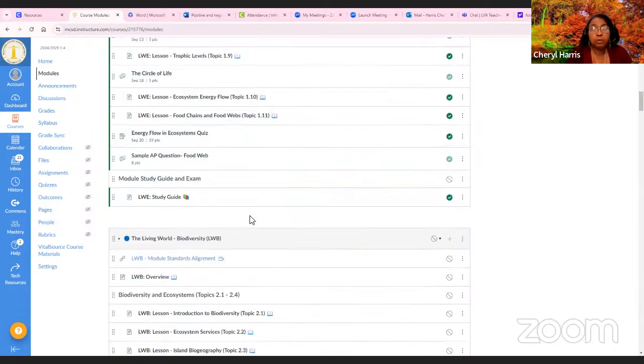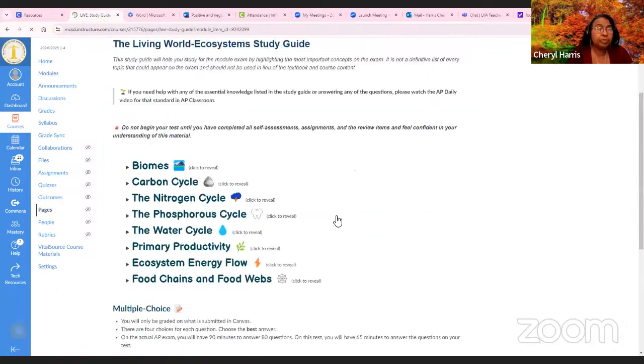All right, so where we are right now as far as the module is concerned, I've been pulling these questions from this review study guide. I felt like we did a question already on primary productivity, so I didn't do that. Ecosystem flow, we talked about the energy pyramid, so I didn't do an essay question for those.